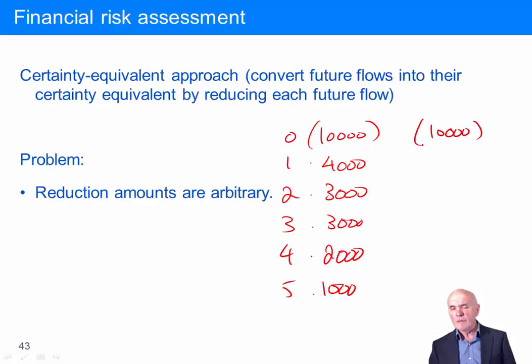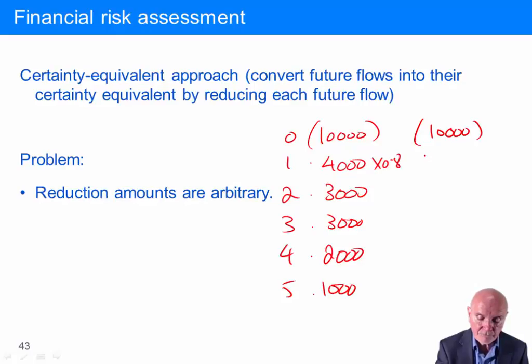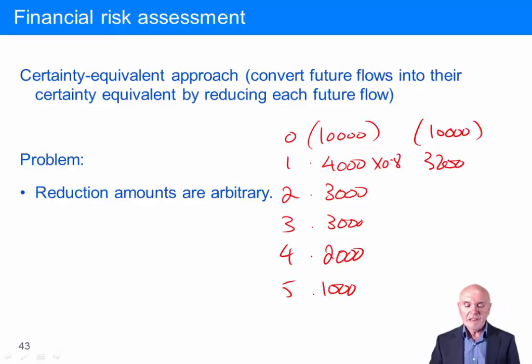We think it's going to be 4,000, but maybe to account for the little bit of uncertainty in there, we multiply it by 80%. We're really saying that the chance of getting 4,000 in year one is equivalent to the certainty of getting 3,200 in year one.